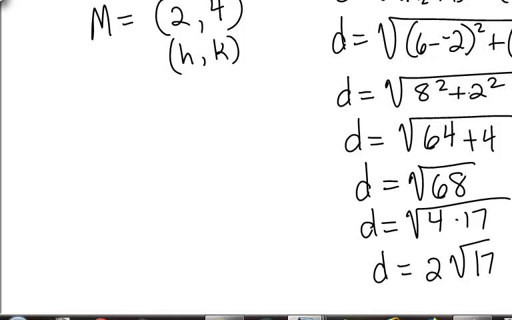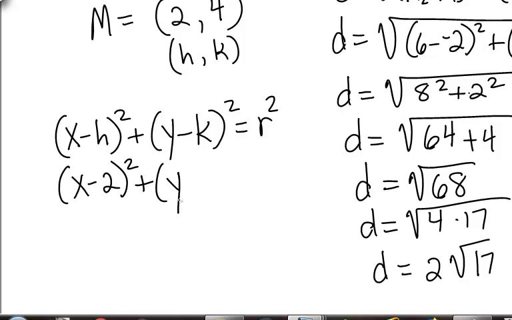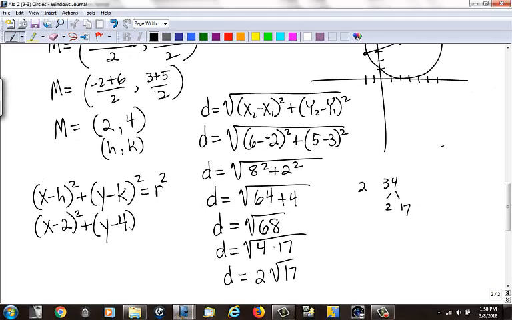Okay, so now you need the equation. So it's x minus h quantity squared plus y minus k quantity squared equals r squared. So it's x minus 2 squared plus y minus 4 squared.